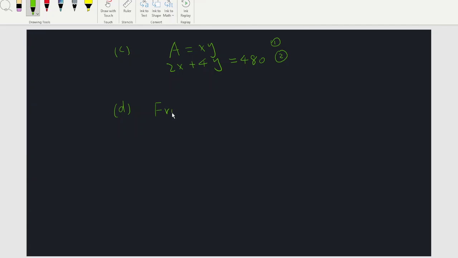Now from equation 2, we can solve the equation for x. I believe we are going to have x equals, if you divide both sides of the equation by 2 and then move 4y to the right-hand side, we're going to have 240 minus 2y.